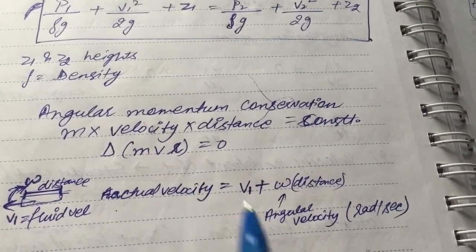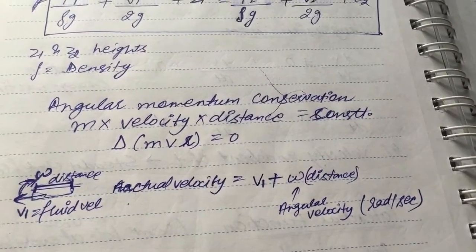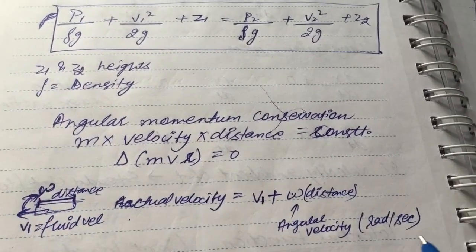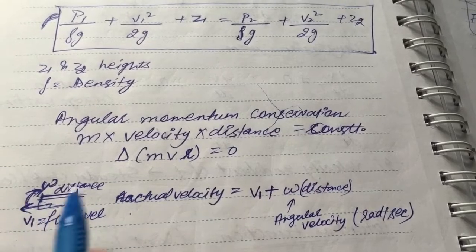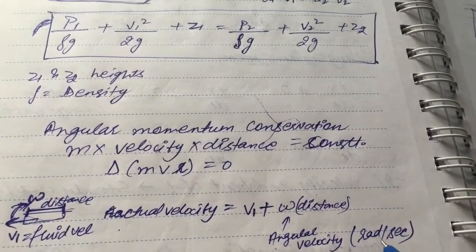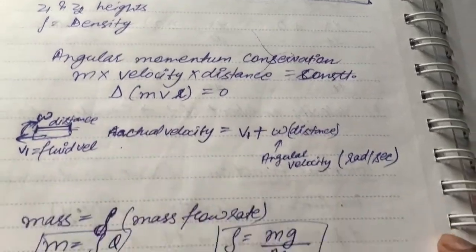So our actual velocity would be v1, which is fluid velocity, plus w, which is the distance of the body, or we can say it is also angular velocity, which is given in radian per second.